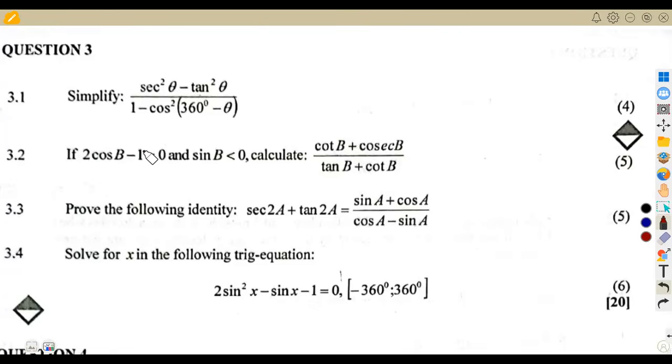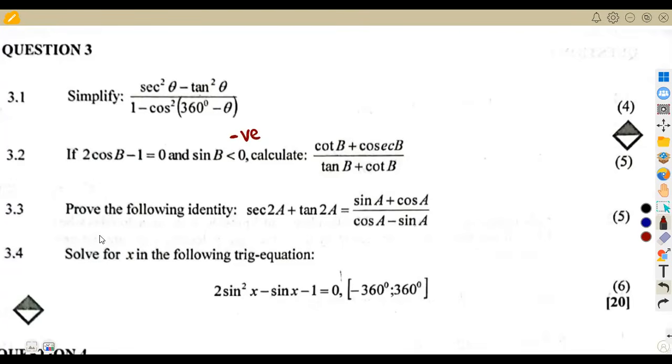And not only that, the sine of the same b is less than 0, meaning sine is negative.